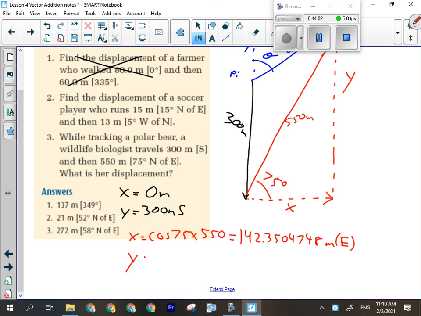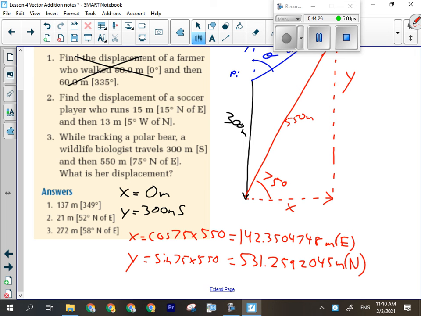Then we've got to find the y component, which is the opposite side. So sine of 75 times 550 is 531.2592045 meters north.